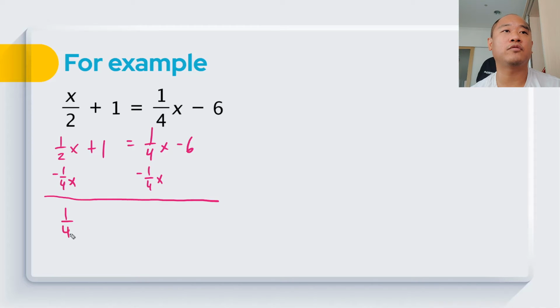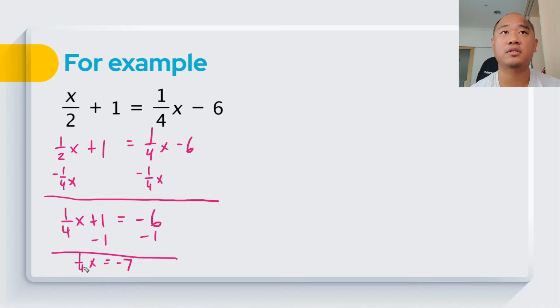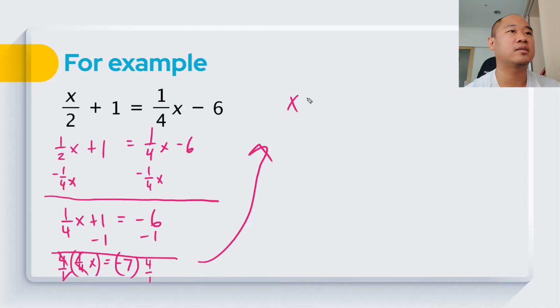And that will give us 1/4 x plus 1 equals -6. Subtract the 1 on both sides. 1/4 x equals -7. Then you multiply by the inverse, right? So we can multiply both sides by 4 over 1 to cancel those out. And then we get x equals negative 28.